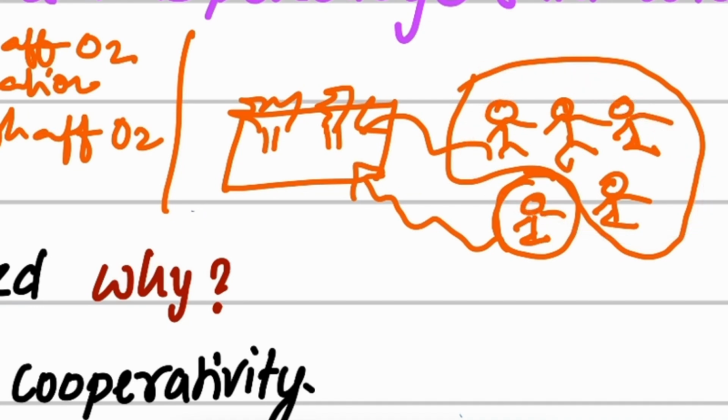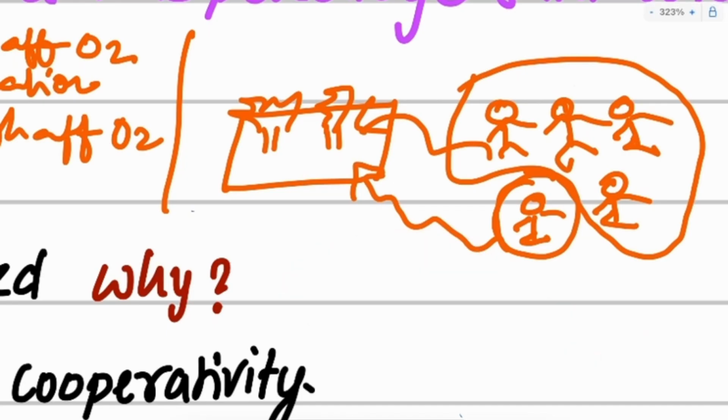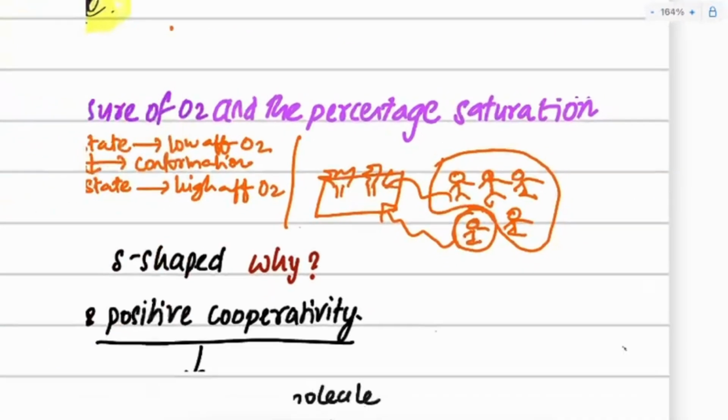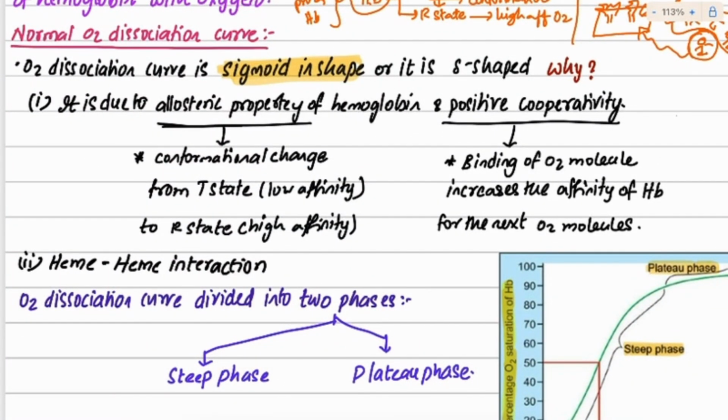So if one oxygen molecule binds to hemoglobin, the other oxygen molecules also get inspired and bind to the hemoglobin. This is positive cooperativity. Now if I read it out, you will get clarity. The first reason is the allosteric property of hemoglobin and positive cooperativity. The allosteric property is the conformational change from the low affinity T state to the high affinity R state.